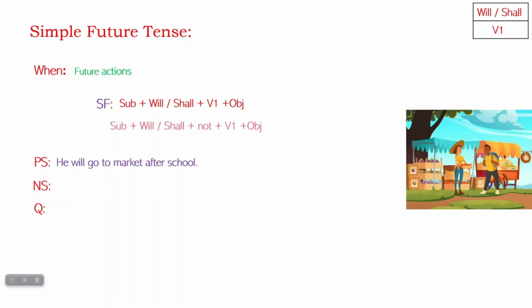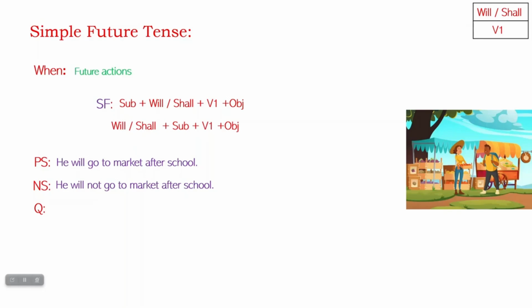Let's take the negative sentence. Sentence formation. Subject plus will or shall plus, as it is a negative sentence, not plus V1 plus object. He will not go to market after school. Next, question formation. Always in question formation, helping verbs will come first, subject will go after.